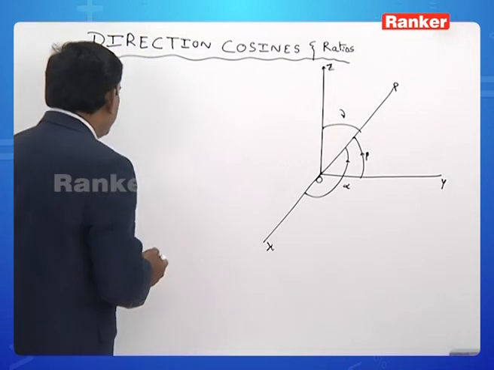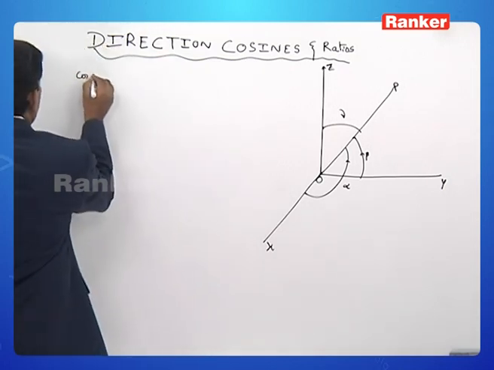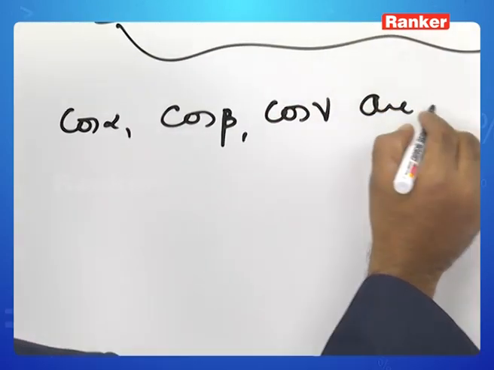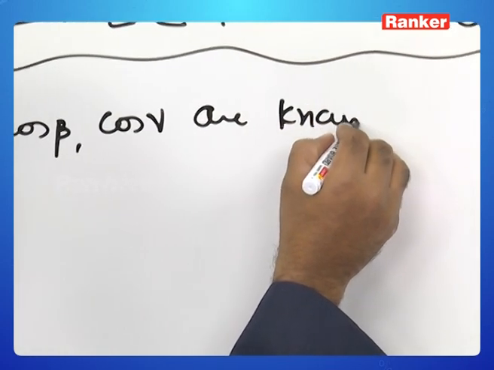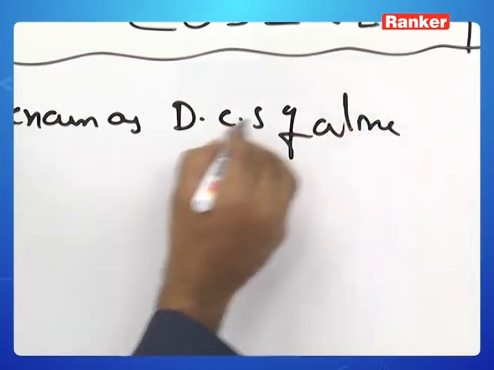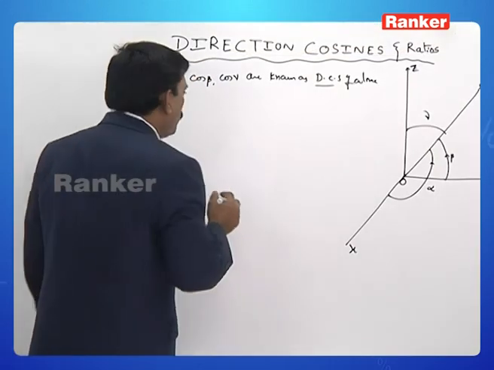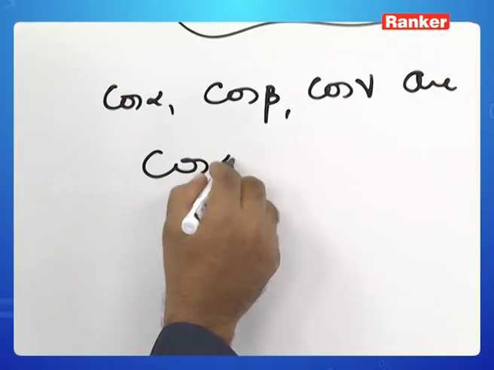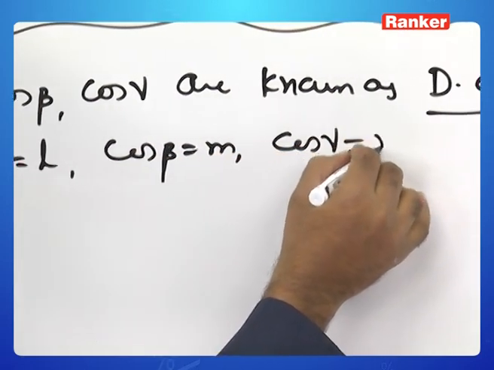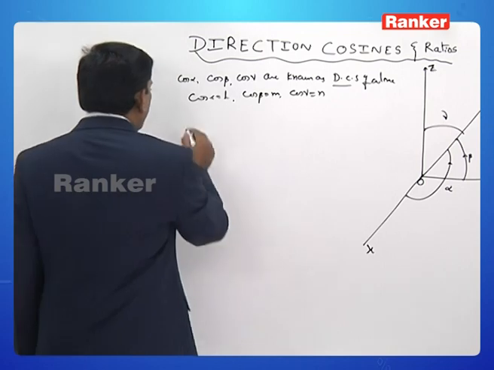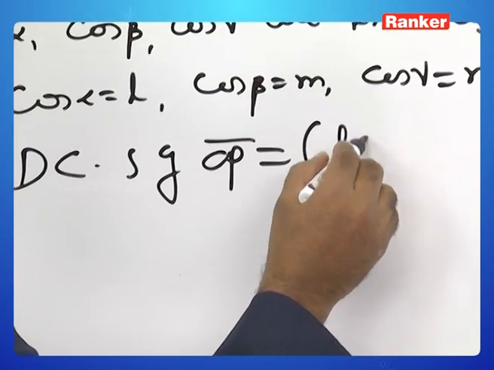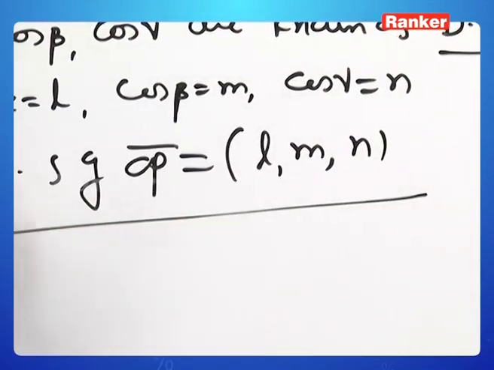So cos alpha, cos beta, cos gamma are known as the DCs of a line. I can also call cos alpha as l, cos beta as m, cos gamma as n. I can write the DCs of OP bar, which indicates the positive direction, as l, m, n.